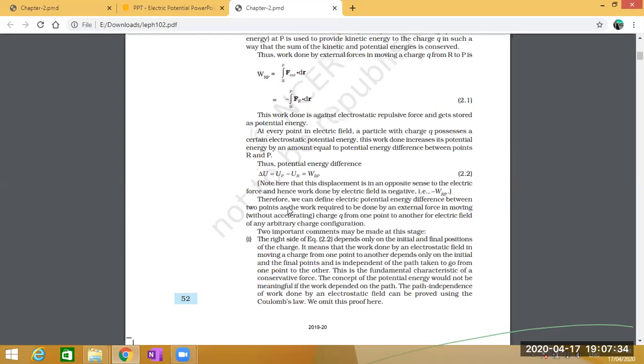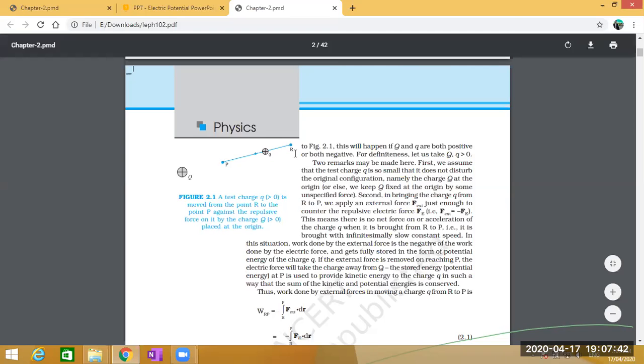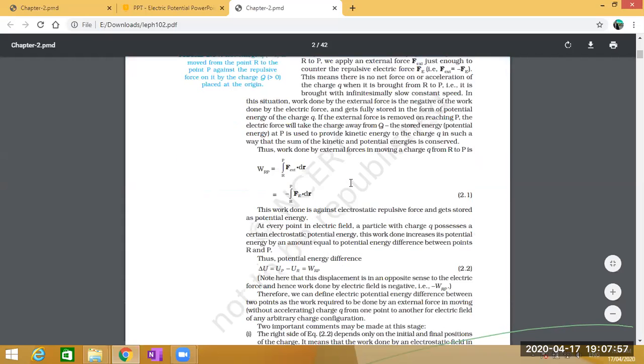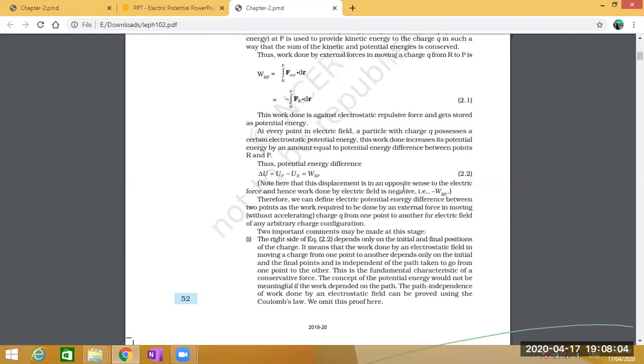Remember, amount of work done while bringing the test charge from R to P only depends on initial position and final position, but it does not depend on the path through which the charge Q is brought from R to P. So this must be kept in mind that amount of work done from one point to another point in electric field is independent of path followed, but only depends on initial and final position of the charge.